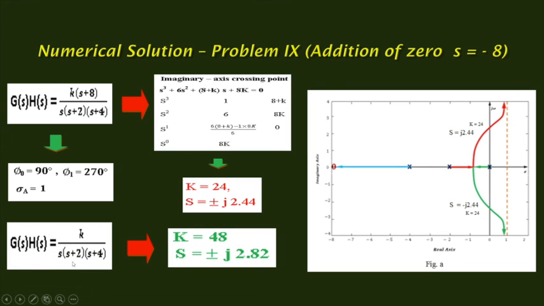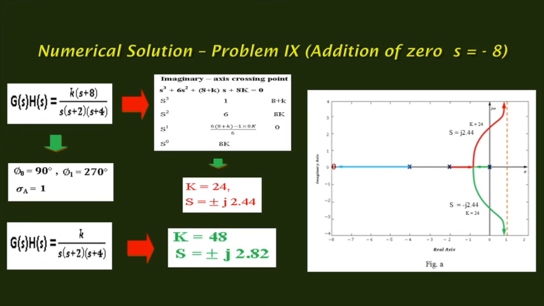If there is no zero, I have already discussed this example. So K at the imaginary axis is 48, and when a zero is added, then K at the imaginary axis is equal to 24. That means if a zero is added in the system, then obviously the value of K varies.